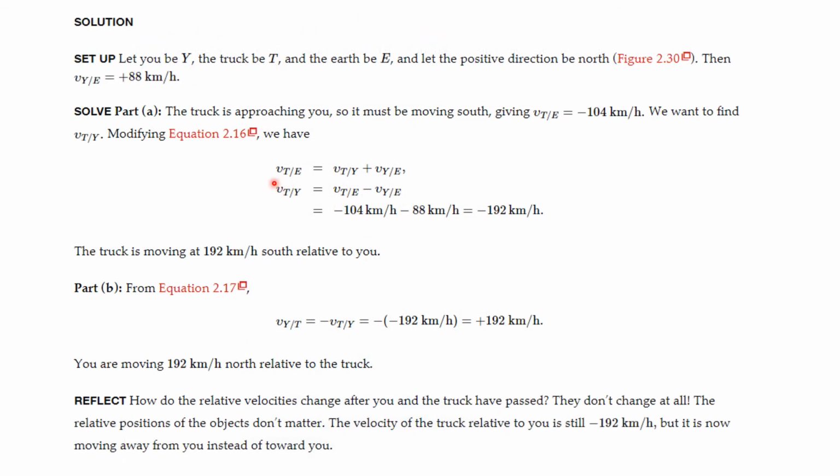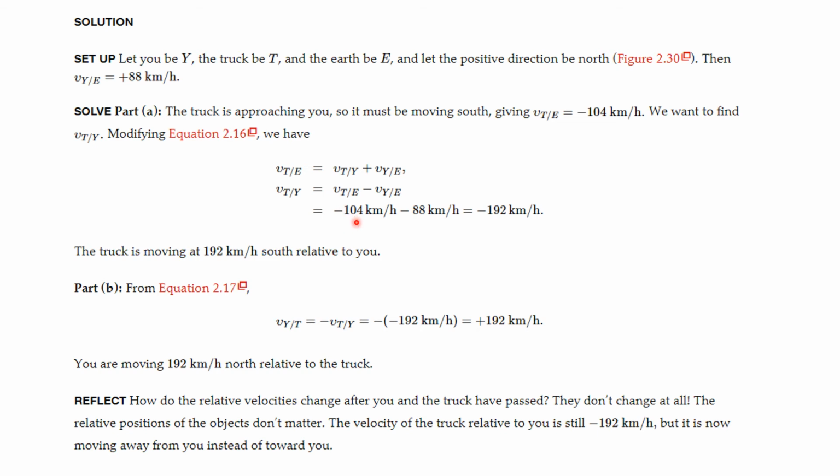Well, the truck is approaching you, so it must be going south. So the velocity of the truck relative to the expressway is 104 kilometers per hour, and it is negative because you're taking your direction to be positive. We want to find v sub T relative to Y. The truck's velocity relative to you is going to be the sum of these velocities.